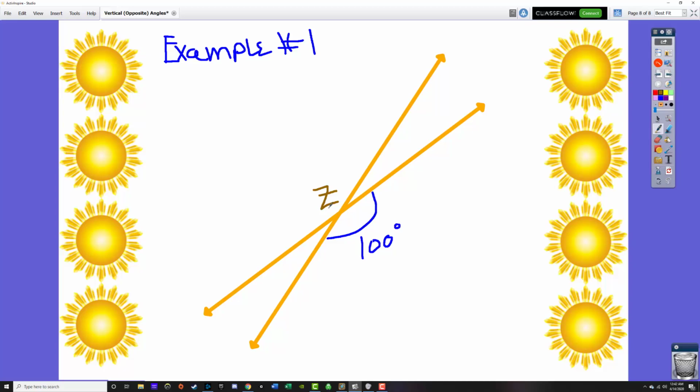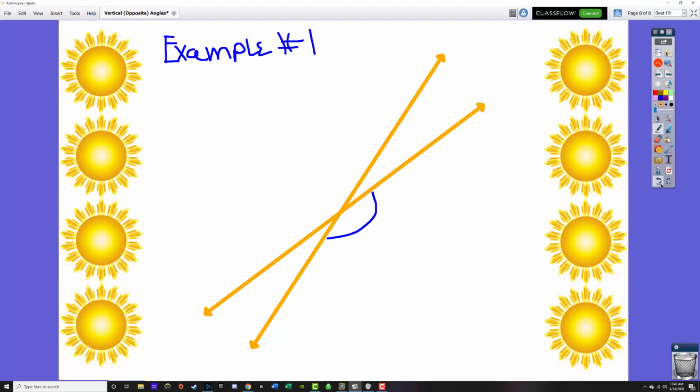Well, hopefully you've arrived at the conclusion that if this angle here is equal to 100 degrees, that means that the angle that is opposite or vertical to it is also equal to 100 degrees. So angle Z is also equal to 100 degrees.